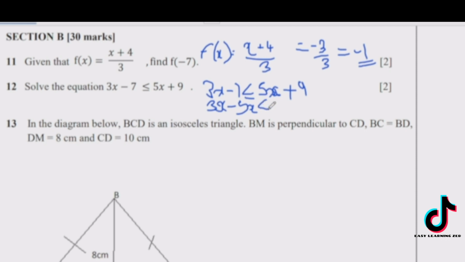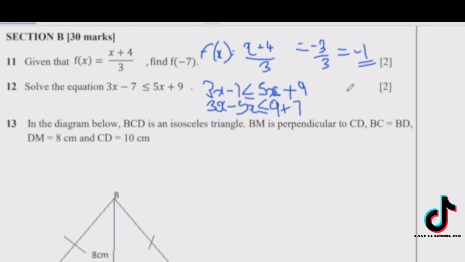The sign we maintain for now, less than or equal to, then we have 9 plus 7. Why? The 7 is crossing this inequality sign, so it will come this side and become a plus sign. Just like this has become negative.